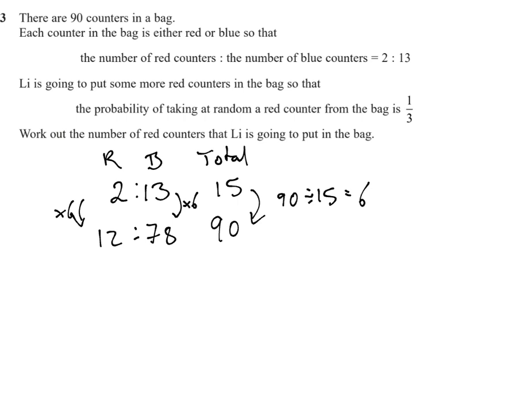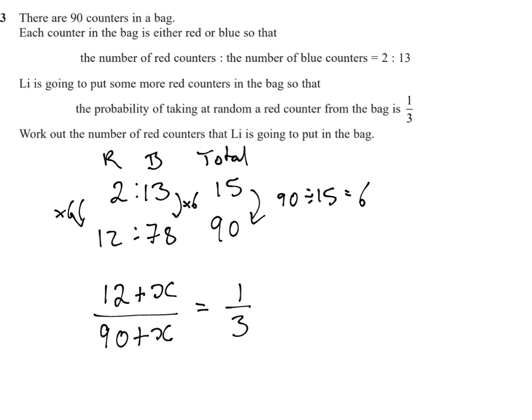Lai is going to put some more red counters in the bag, so that the probability of taking a random red counter from the bag is 1 over 3. So we're going to add a number of red to this bag, and we want 12 plus the number that we're going to add. We don't know, so let's call it x, over the total number now in the bag, which is 90 plus x, and that has to equal 1/3.